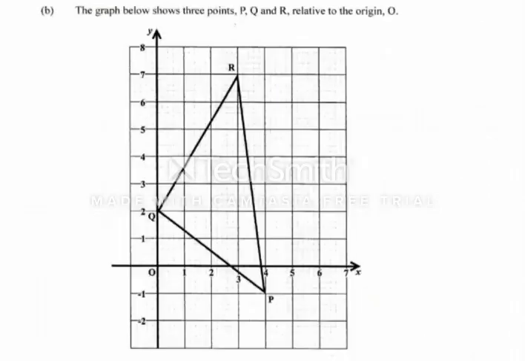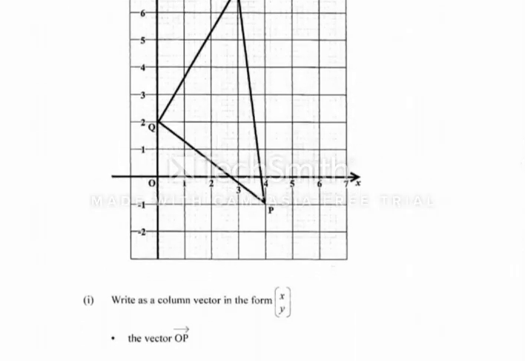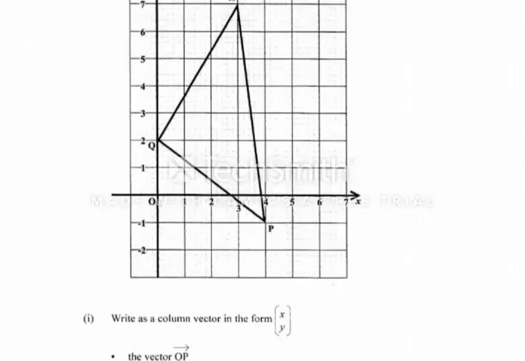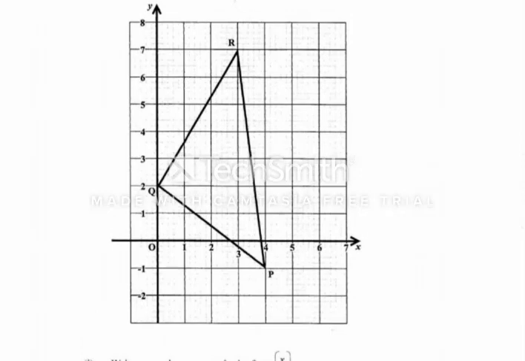Okay, next we're going to look at 11b. It says the graph below shows 3 points P, Q, and R relative to the origin O. It says write as a column vector in the form (x, y) the vector OP. First of all, let's identify the vector OP.